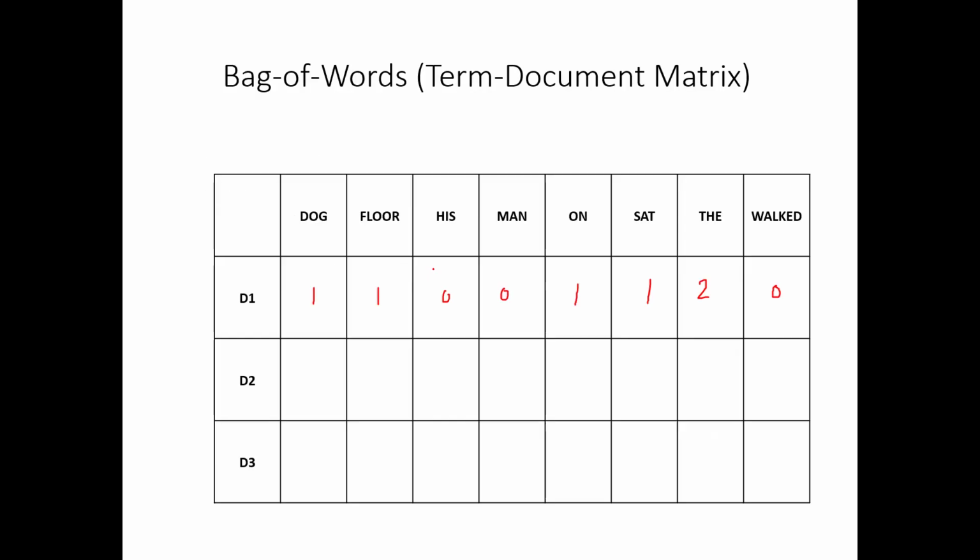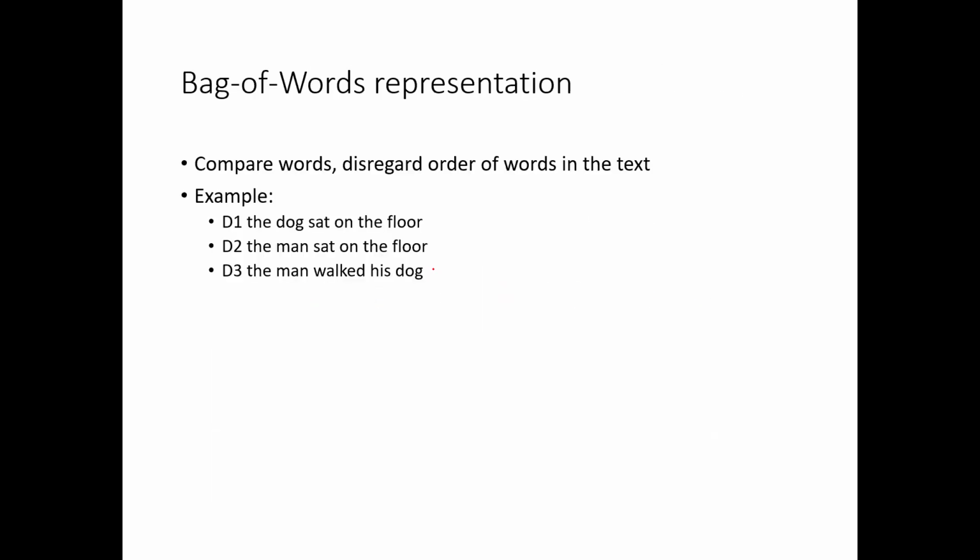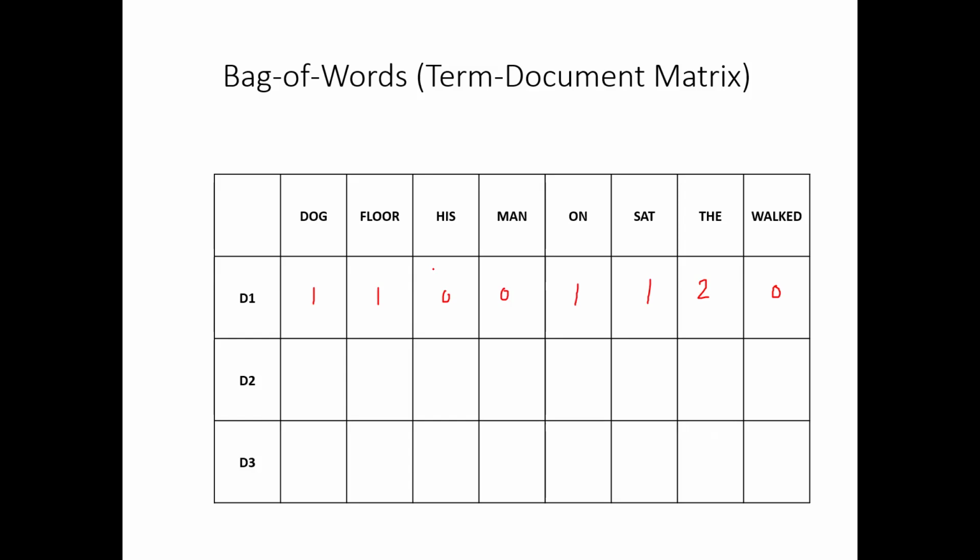So that's a first, simple way of representing this. Secondly, if you look at the second one, it says: the man sat on the floor. Again, "the" appears twice, and man, sat, on, floor appear once. This time dog is 0. That's a simple representation.